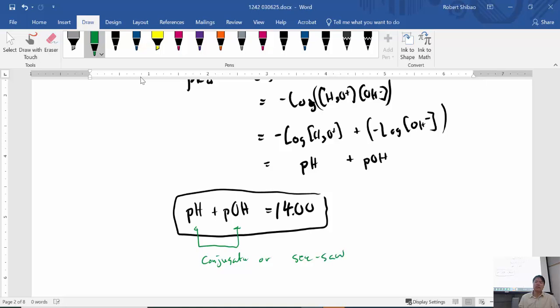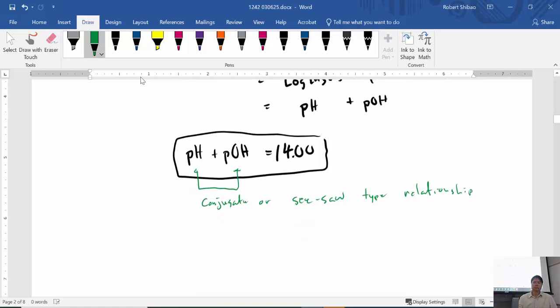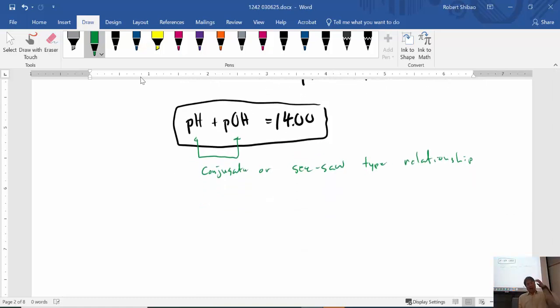So if one side of the seesaw goes up, the other opposite side goes down. Therefore, we don't have to talk about pH and pOH. We only need to talk about pH, because then we can figure out what the pOH is for anything. And so typically we just look at the pH values.